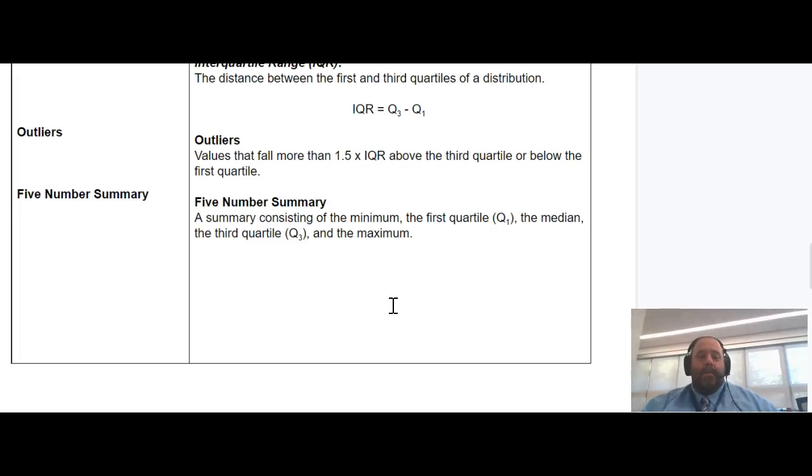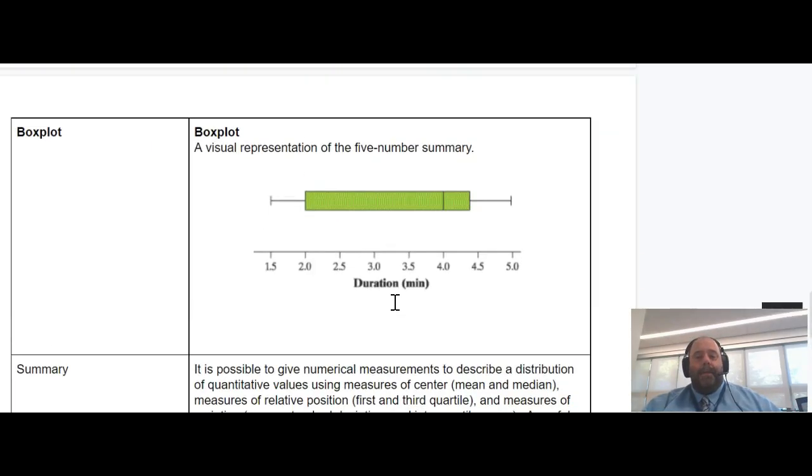People in statistics have developed a visual representation of a 5-number summary. In this data set, the duration of whatever we're measuring has a minimum value of 1.5 minutes. The highest value is 5 minutes. The median is that bar in the middle, at 4 minutes.